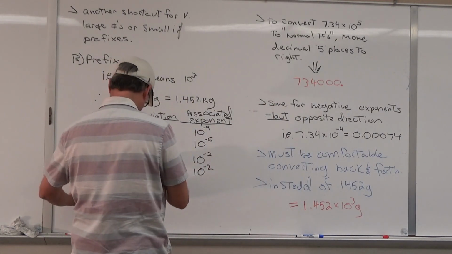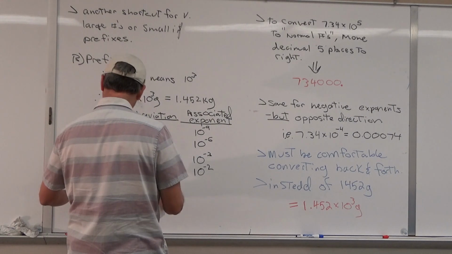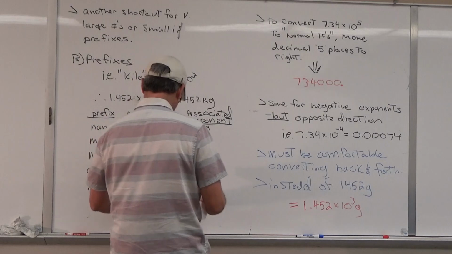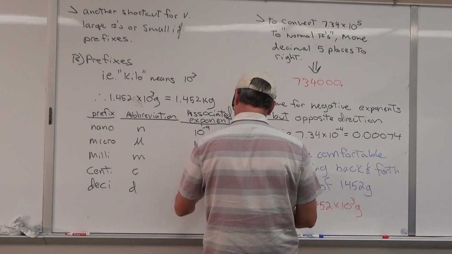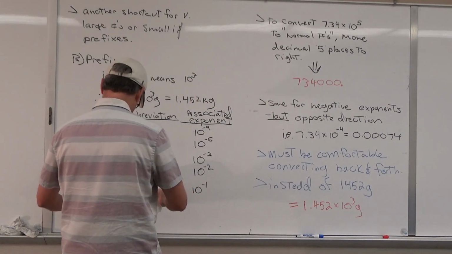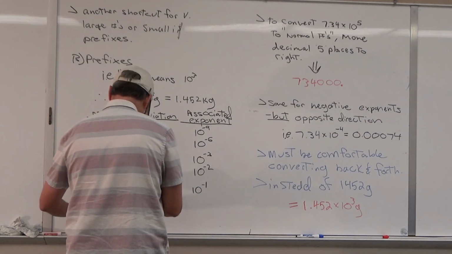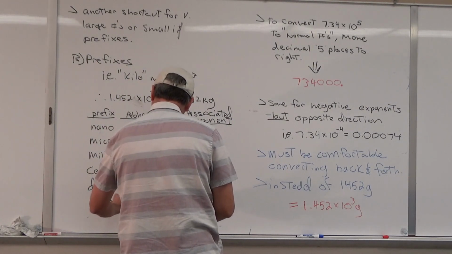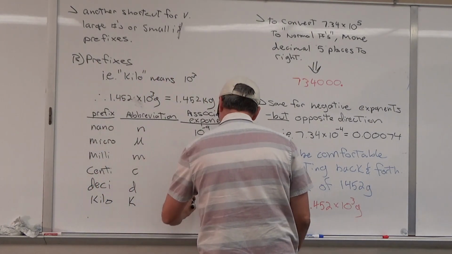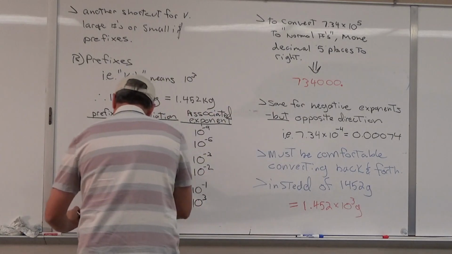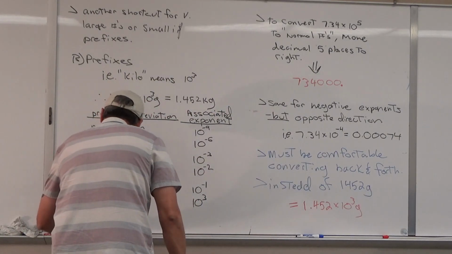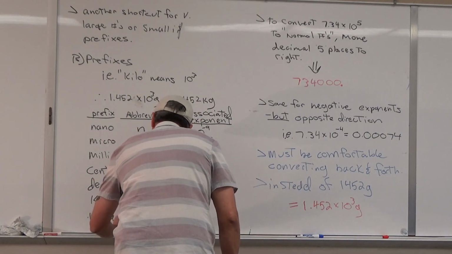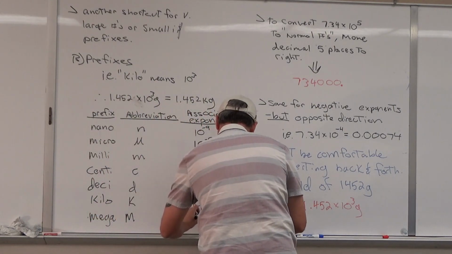Deci is lowercase d, 10 to the negative 1. And then the positive ones on my chart for you to commit to memory are kilo, K, 10 to the 3, and mega, capital M, 10 to the 6.